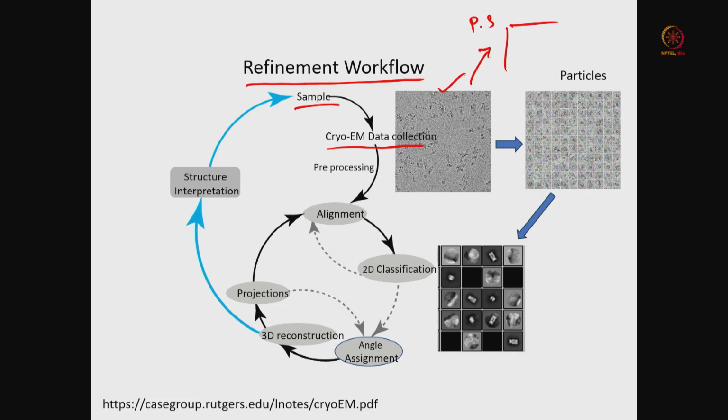In the power spectrum, we have a center, there is a white circle and then there is a ring, and this is called the Thon ring, and we have to see how many Thon rings we can see. If we can see the Thon rings until 4 angstrom, or 5 angstrom, or 3 angstrom, we can consider that a very good image.